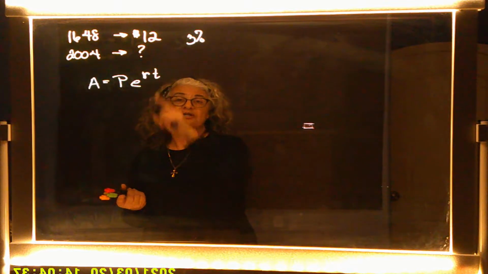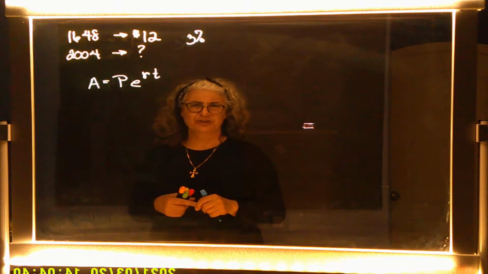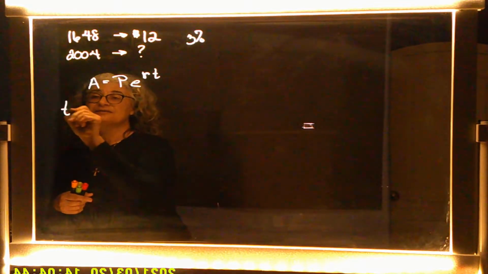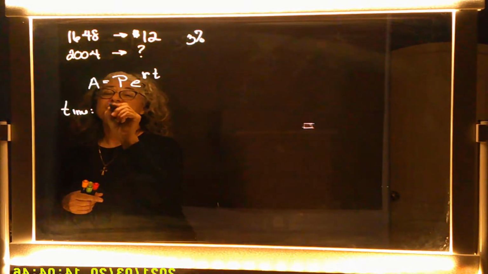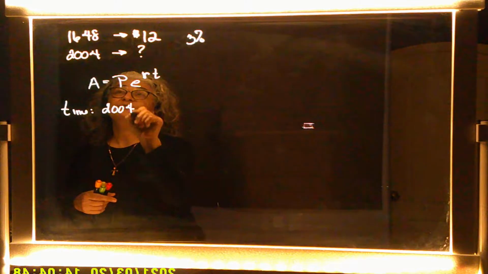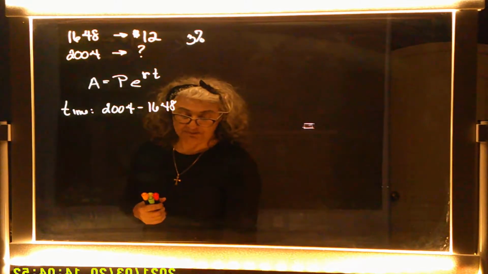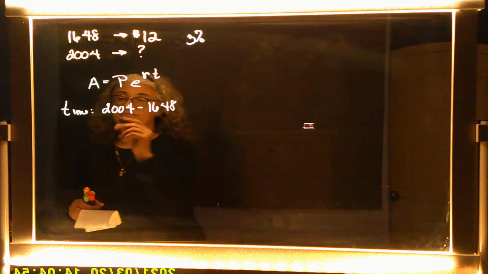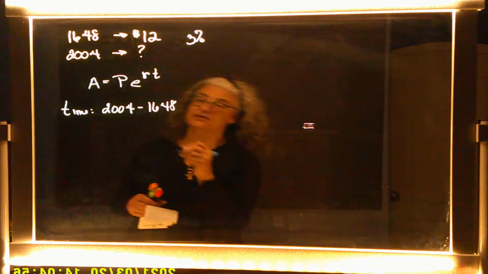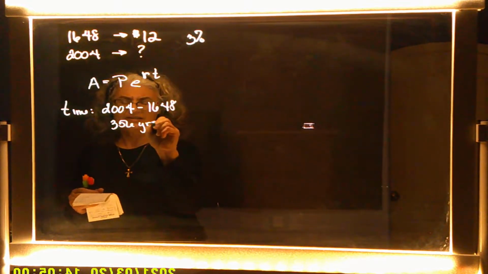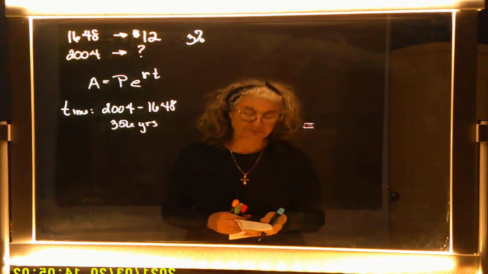Time. Uh-oh. What's the time here? Yeah, I need the time. It is going to be the difference between 2004 and 1648, isn't it? Okay, so assuming we've both done our arithmetic correctly, I have time being 356 years.